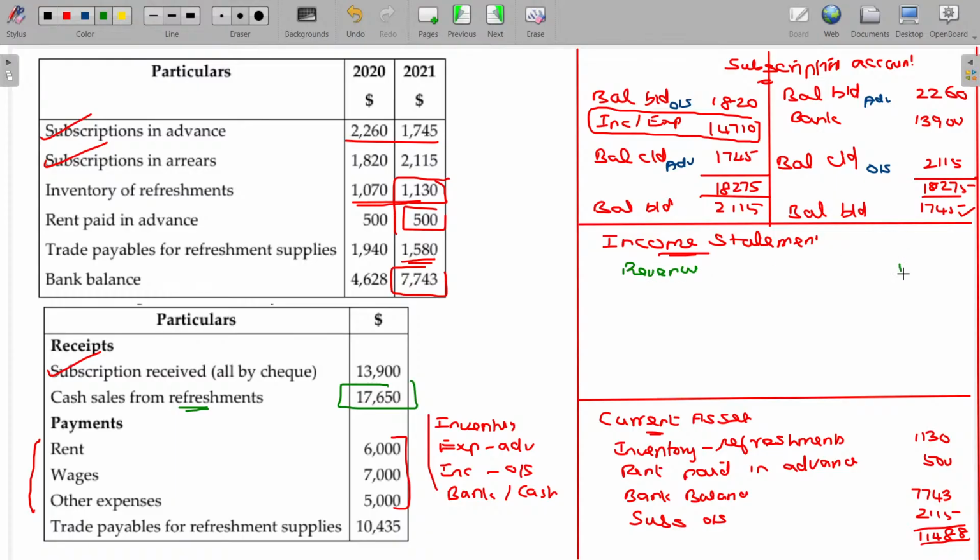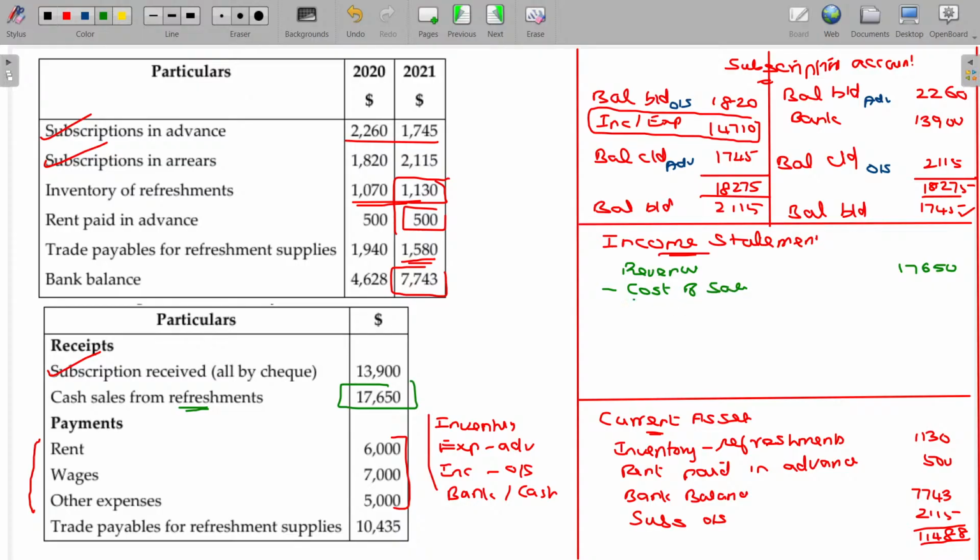This value being 17,650. You could remember that income statement from the financial statements chapter. From there you have to subtract cost of sales.